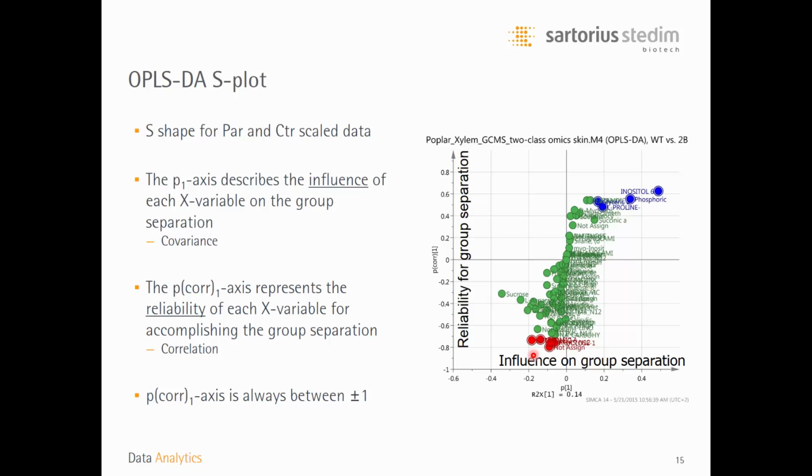Conversely, we have a set of red variables that have the opposite change. It means that they are decreasing numerically when we're going from the control group to the treated group, or they are decreasing numerically going from the reference group to group 1 using the notation of the analysis wizard of the Omics Skin. And we can then continue with those highlighted variables for a more detailed analysis.